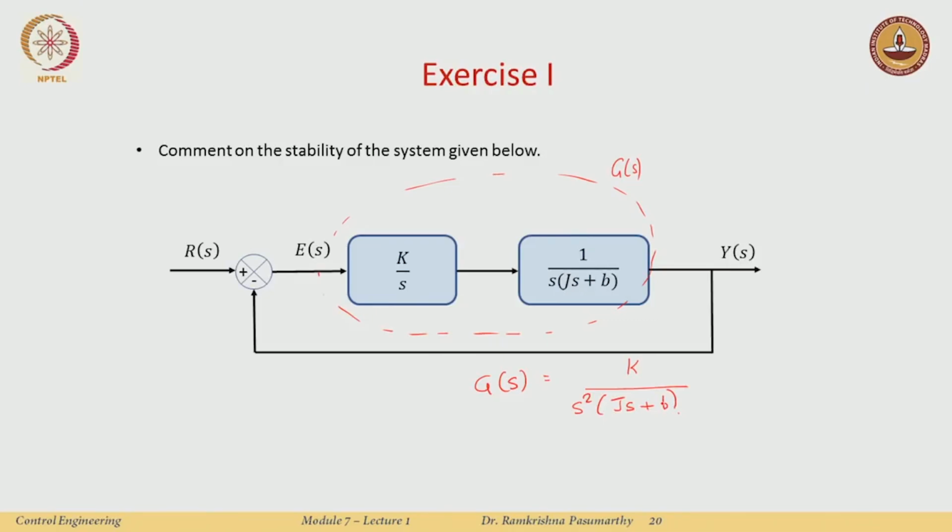Let me say that k equals 1, J equals 1, and b equals 1, and ask whether the closed loop system is stable. I could do the Routh analysis, but I will do the root locus, because we are now fairly familiar with that. So, where are the poles? There is a pole here and a pole here, at s equal to 0 in the sigma and j omega axes, or the complex plane. There is another pole at s equal to -1.